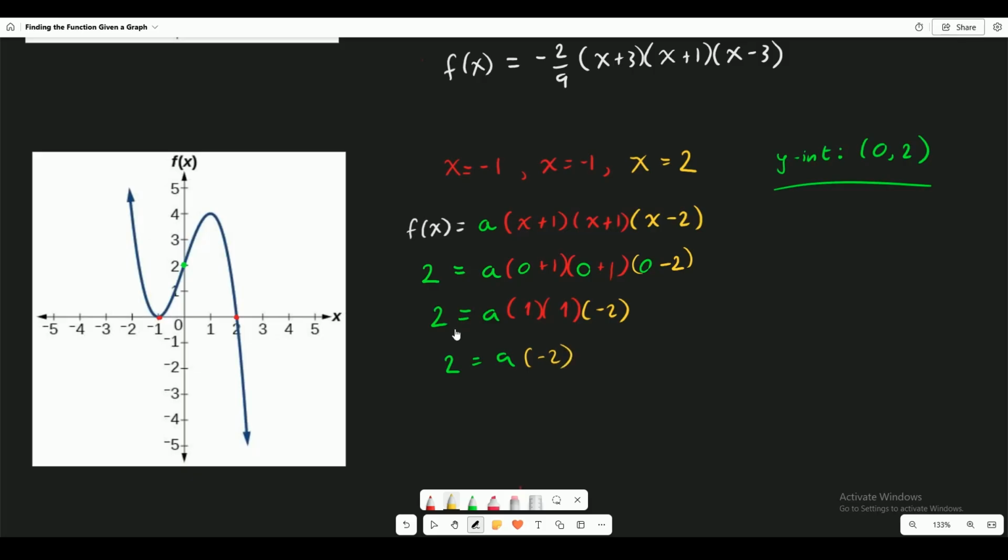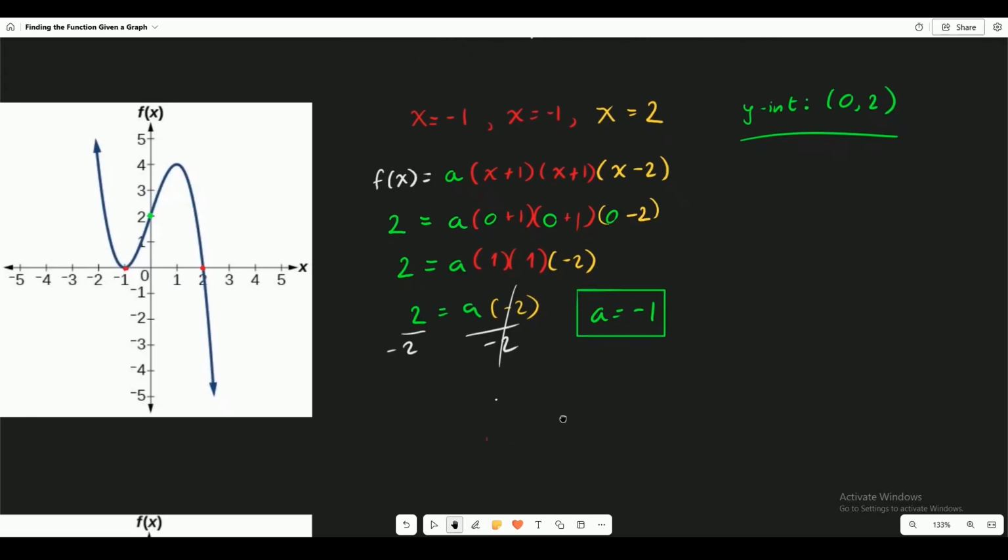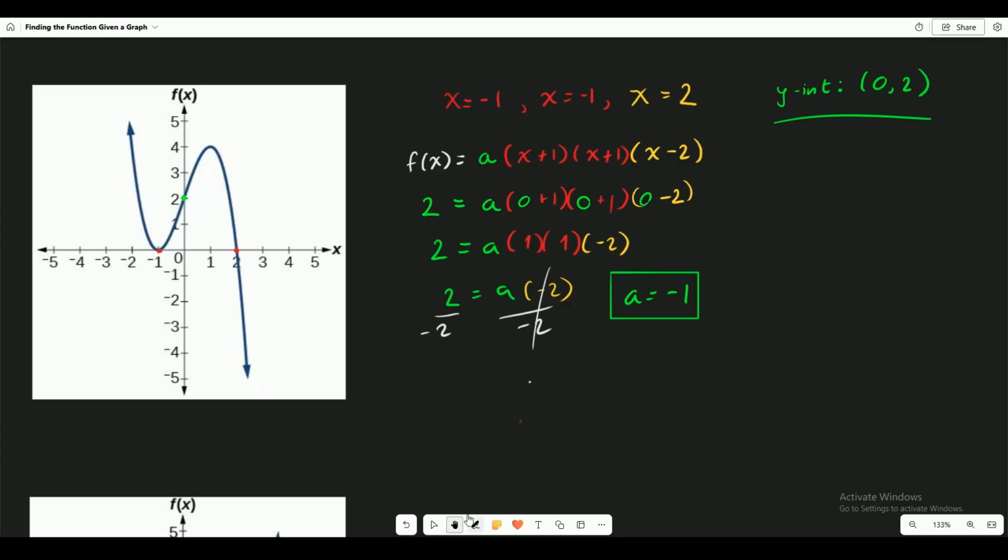So now we're going to divide by negative 2 on both sides, which means that our a value is actually negative 1. That's our a value. So now we're ready to write our polynomial. That means that our function of least degree for this graph is the following.